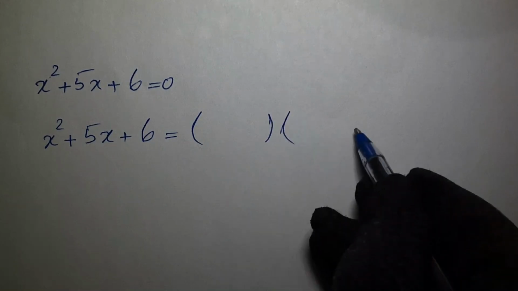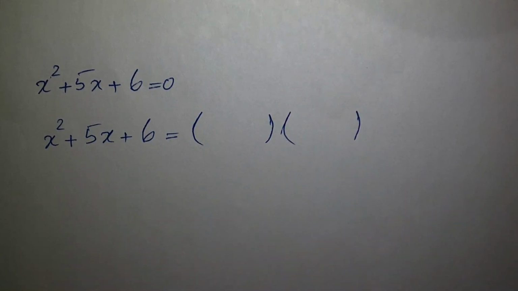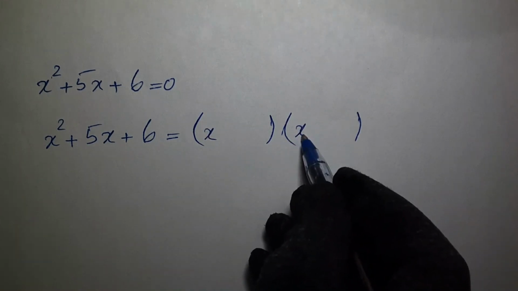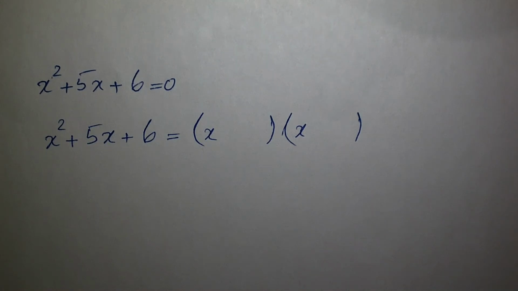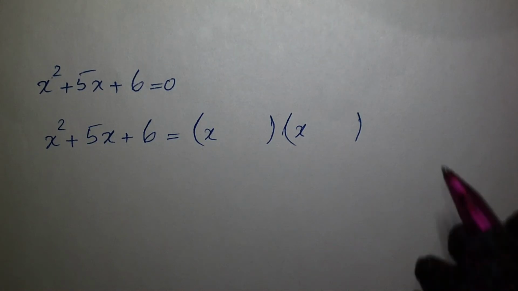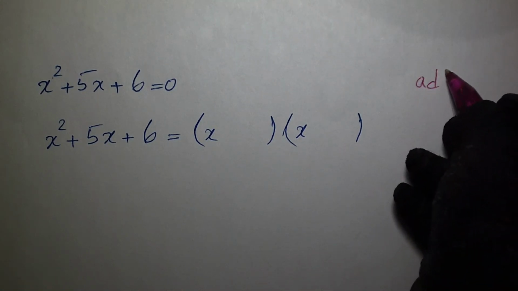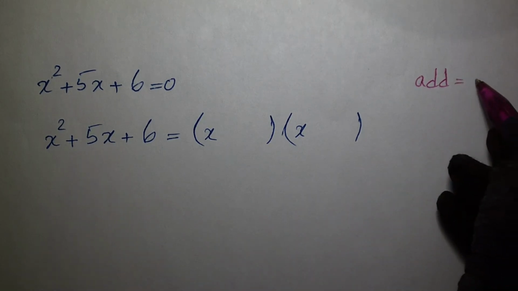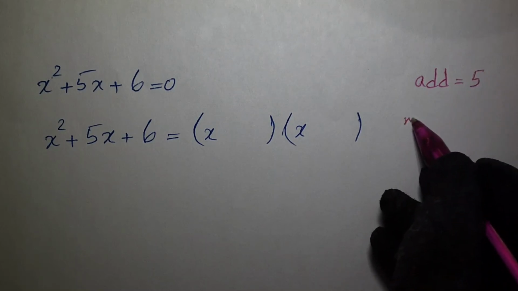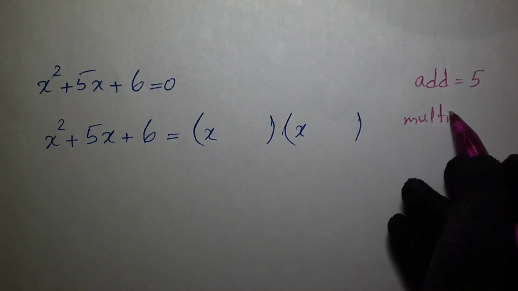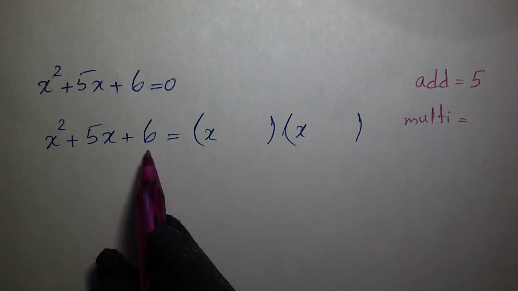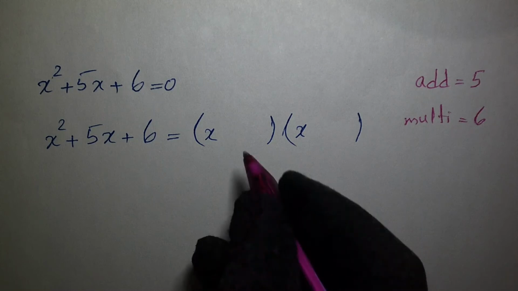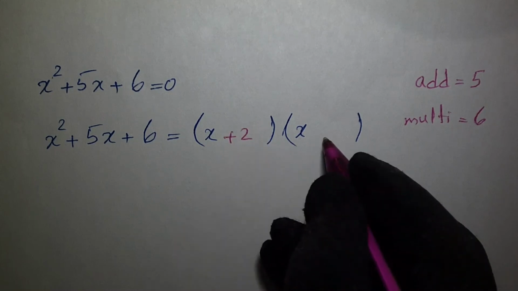We write this expression as a multiplication of two parentheses, with x as the first term inside both parentheses. Now we are looking for two numbers that, if we add them, would be b, the coefficient of x, and if we multiply them, should equal c, which is 6. So those two numbers are 2 and 3.